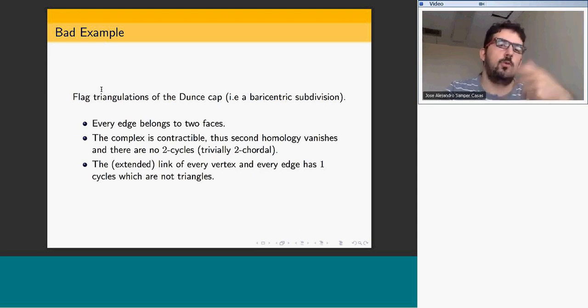The Dunce cap is a contractible space. Every edge belongs to exactly two triangles. So its second homology vanishes, and that actually means that there are no holes, because it's two-dimensional. So it's really two-chordal.